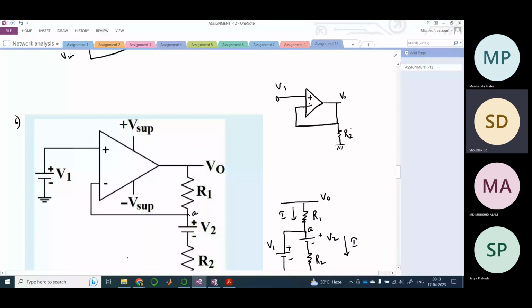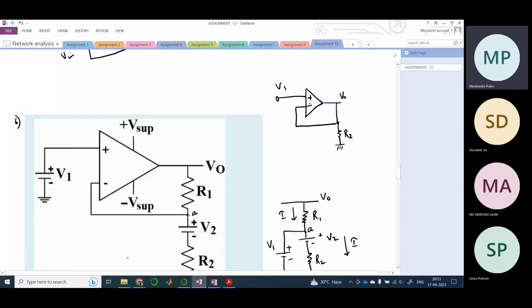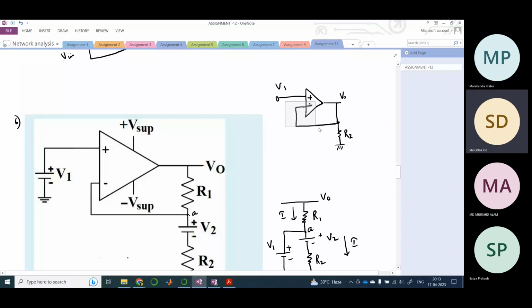Sir, in that case, we remove the short between Vout and R1, sir. Okay, fine. Wait. This becomes equivalent to that open loop circuit, we saw that.